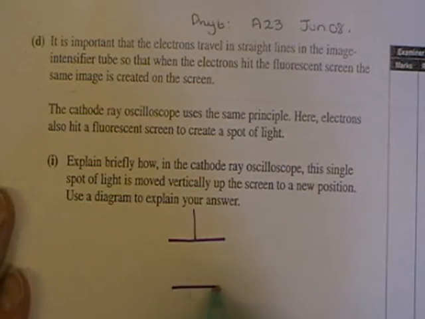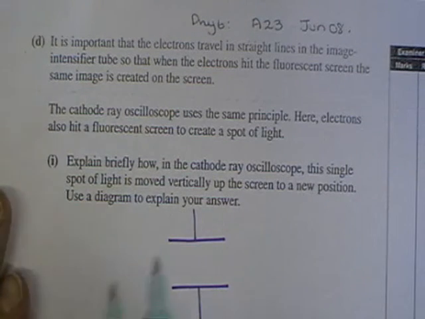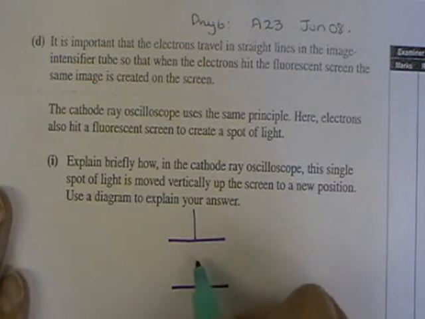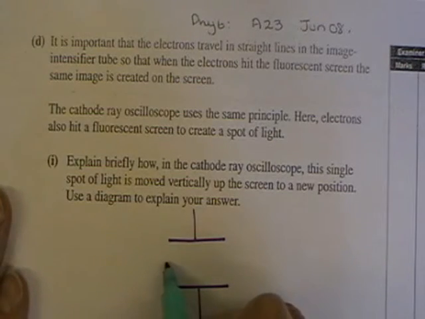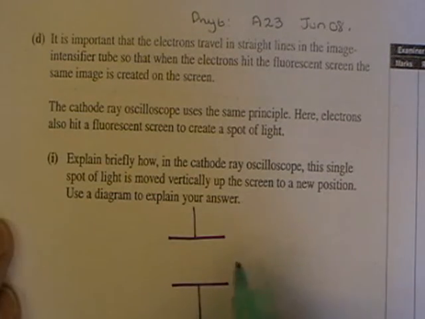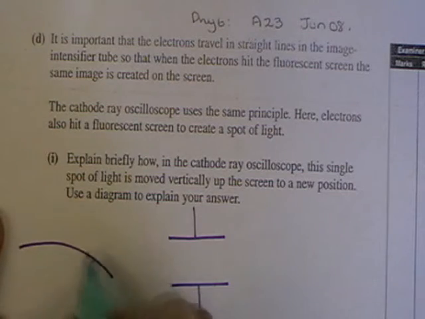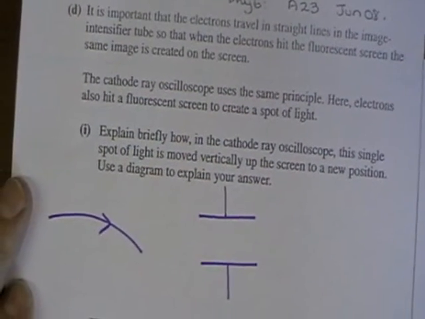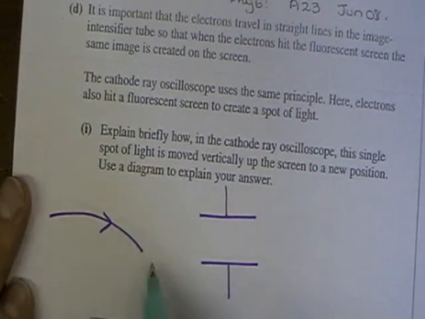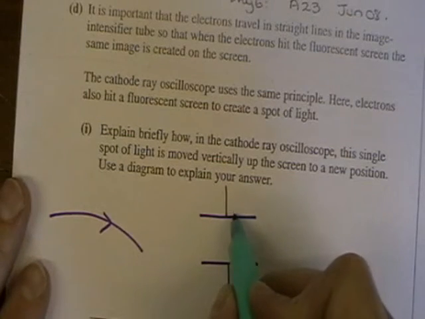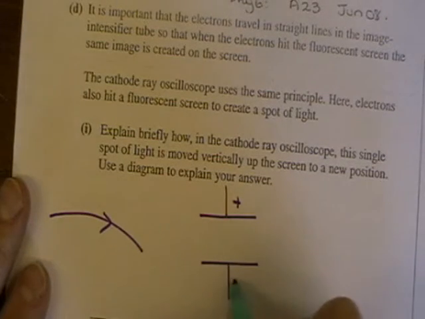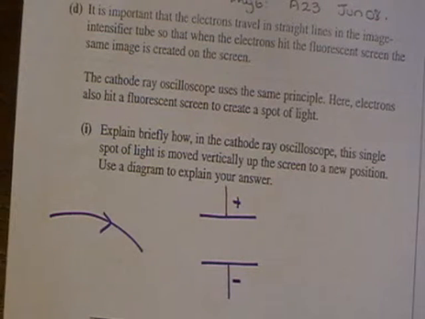So what you have are 2 plates, and those 2 plates are Y plates. If you want to move your spot, which is an electron, now an electron has a mass, so it's going to move in a straight line and then be influenced by gravity. But you want a positive plate up here to attract it upwards and a negative plate to repel it upwards.